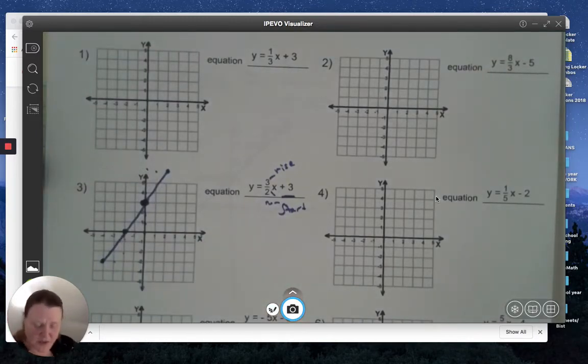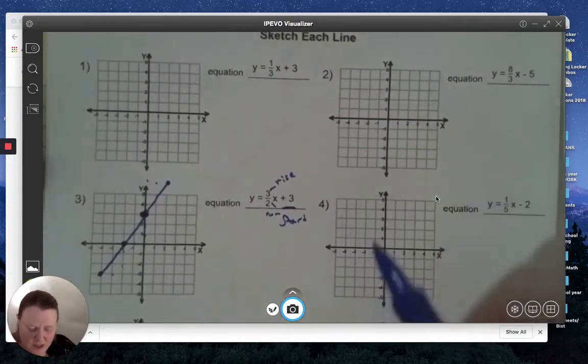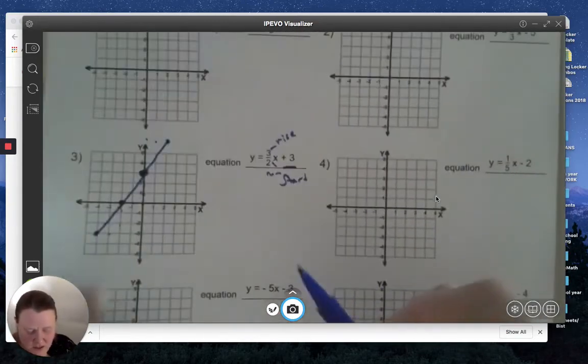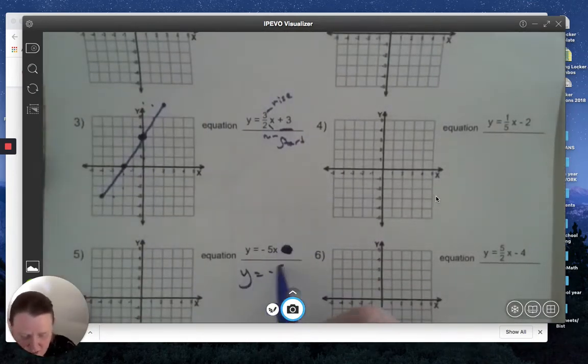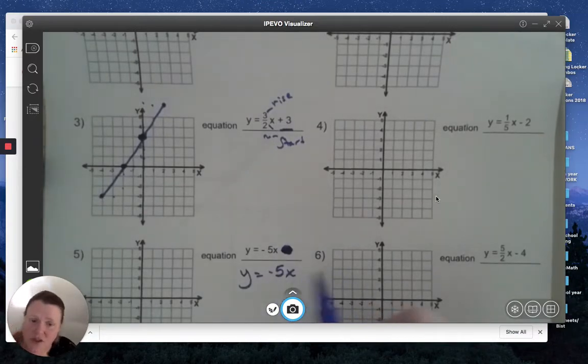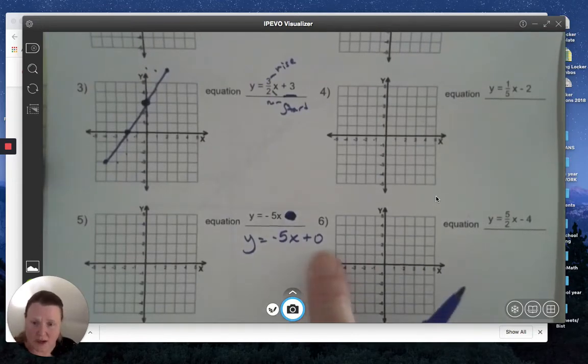Now, some people get a little concerned. Let's say, for instance, that I was going to do the same kind of thing, only what if I wanted to use one that had a 0 here instead? And I'm just going to go ahead and make that so that I have y equals negative 5x. And so if there's nothing there, then we know the starting number is 0, which means it's going to start at the origin.